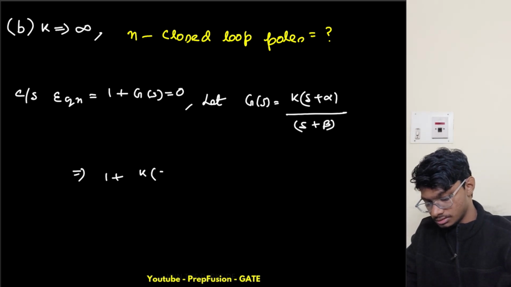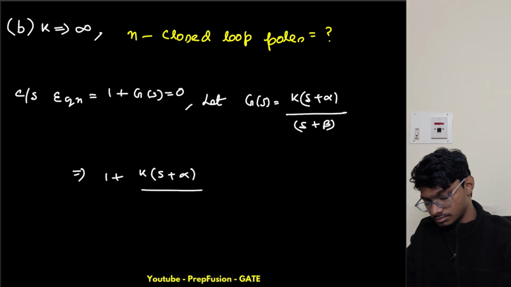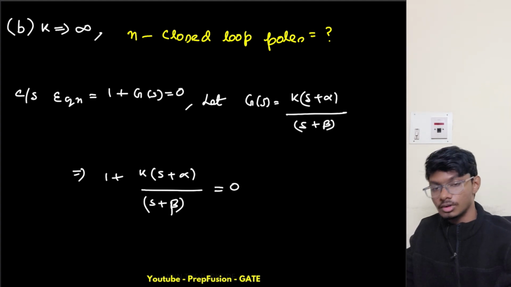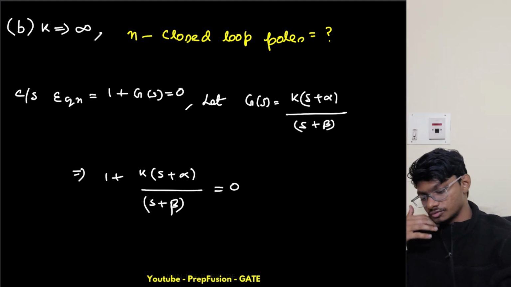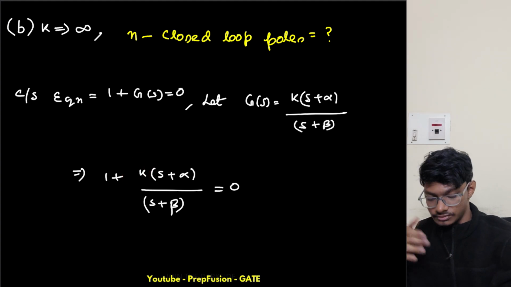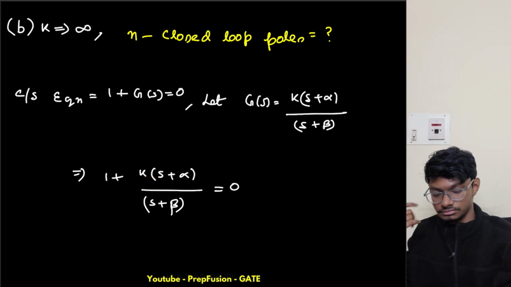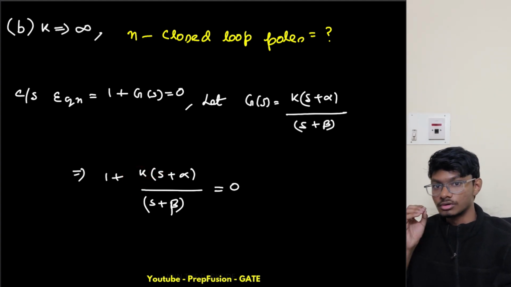I get k(s plus alpha) plus (s plus beta) equals 0. Now k is tending to infinity, so this one will blow up, go to infinity, and infinity equals 0. That is also not making sense.